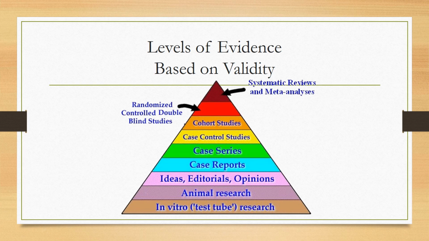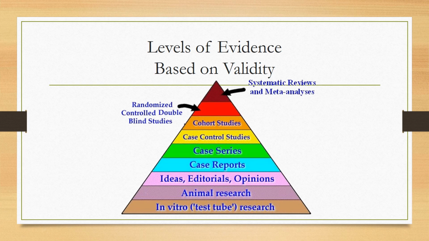The second highest is the randomized controlled double-blind studies. There are single-blind studies. As a matter of fact, the paper that I will be giving you, which is located in the file for your project for your literature critique or the article critique, is a single blind study.